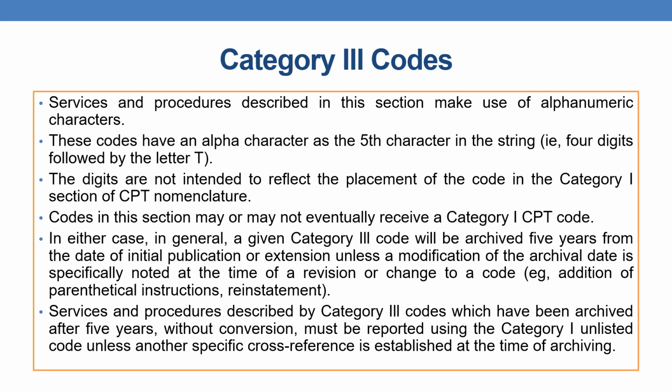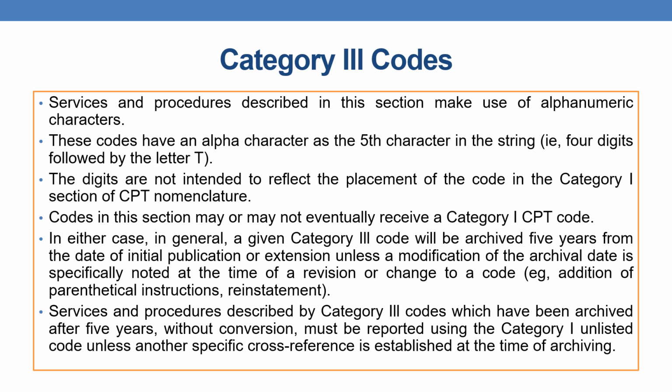In either case, in general, a given category 3 code will be archived 5 years from the date of initial publication or extension unless a modification of the archival date is specifically noted at the time of revision or change to the code. Usually after 5 years, it will be archived from the date of initial publication or extension unless there is a modification to that particular code noted at the time of revision or change.